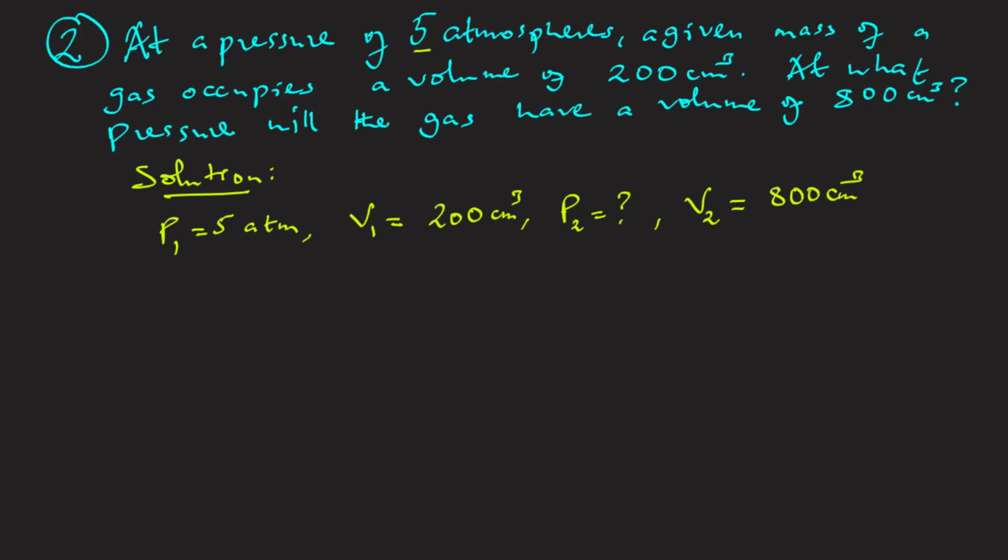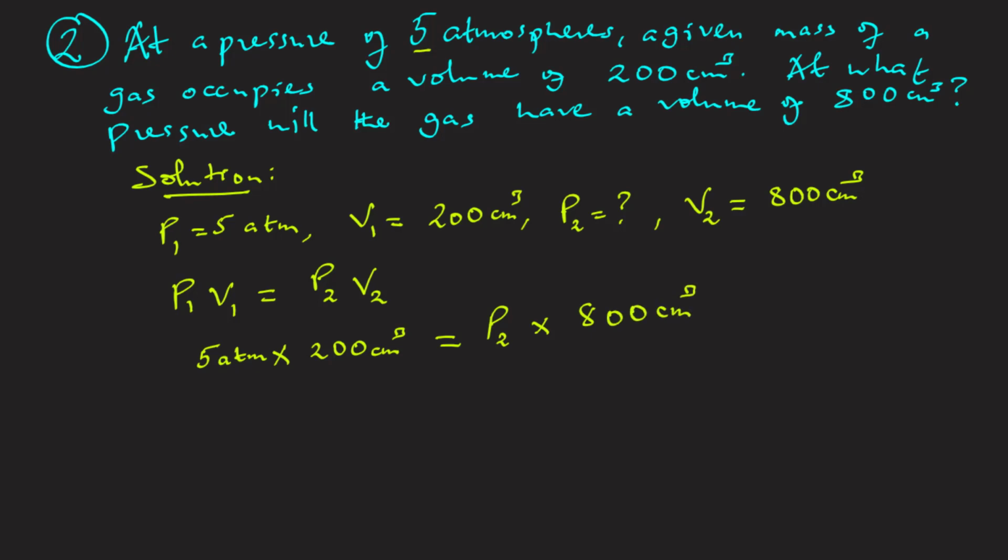From Boyle's law, we have said that P1 times V1 equals P2 times V2. So our P1 is 5 atmospheres, multiplied by V1, which is 200 cubic centimeters. This must be equal to P2, which we don't know, times our V2, which is 800 cubic centimeters.